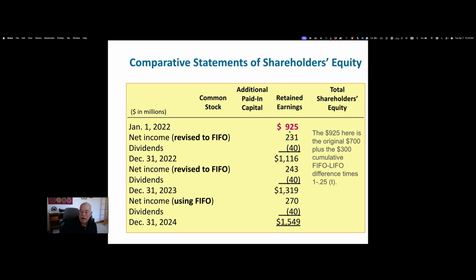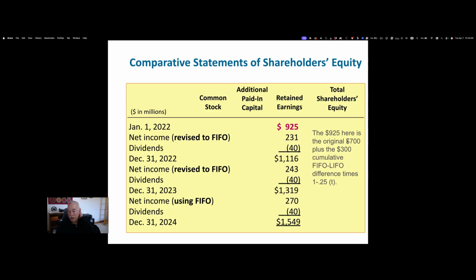The beginning retained earnings that I stated earlier was $700. But then we're going to add to that the cumulative difference in FIFO to LIFO, which was 300. That is reduced by the tax effect of 25%. So it's 1 minus 0.25, or 0.75 times the 300, is 225 of additional retained earnings.